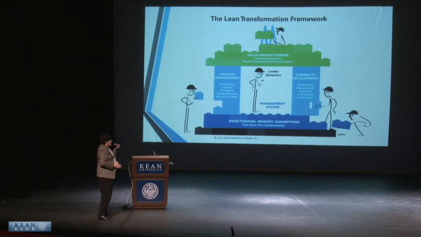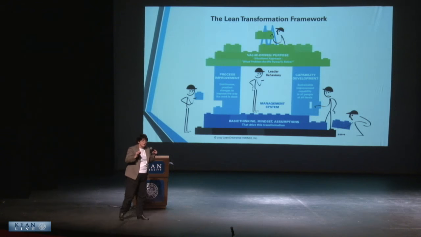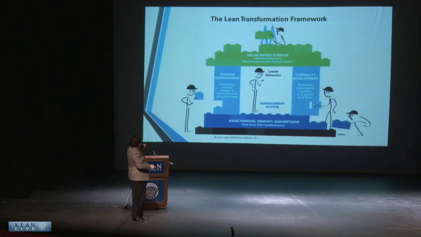All right, so this is ultimately what you're building, the Lean Transformation Framework. It starts at the bottom, which is here where we're introducing the concepts. We are creating a mindset of a way to think. Then you have process improvement, which we just went through the 6 steps.